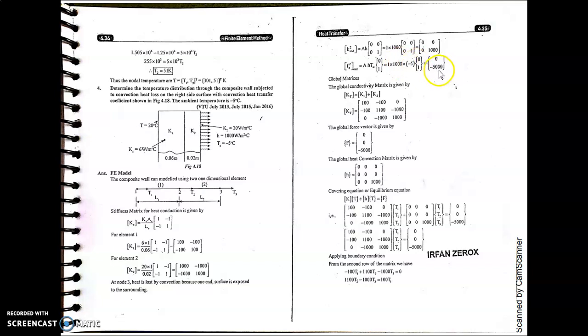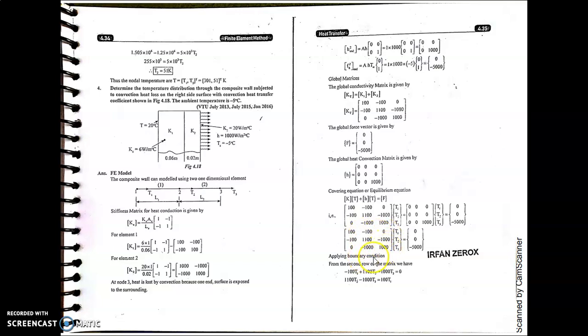The rest of the values are 0 at node 1 and node 2. Then assemble, adding these two matrices, only the third row, third column gets affected. So 1000 plus 1000, it is 2000 here, and it is -5000. All the values remain the same except this one.